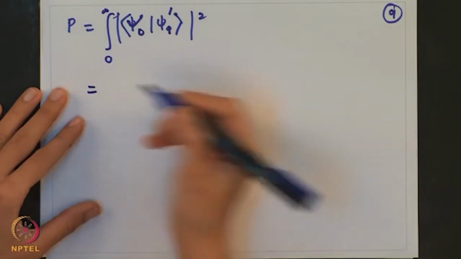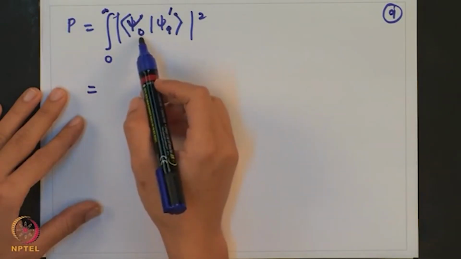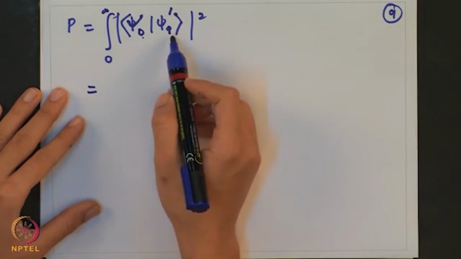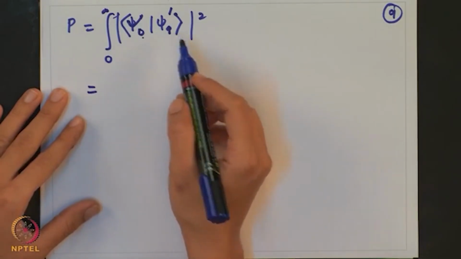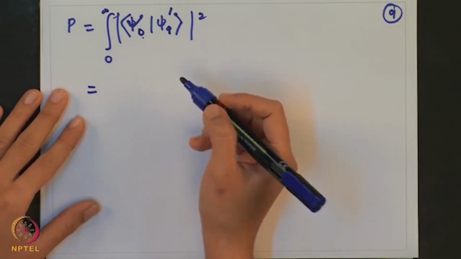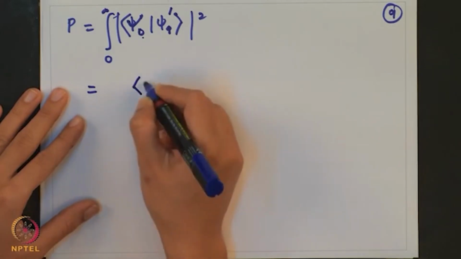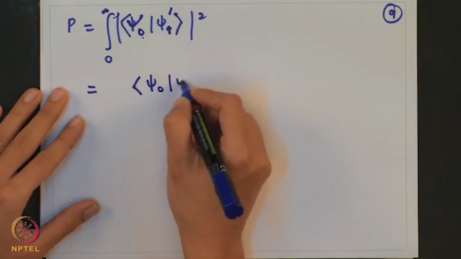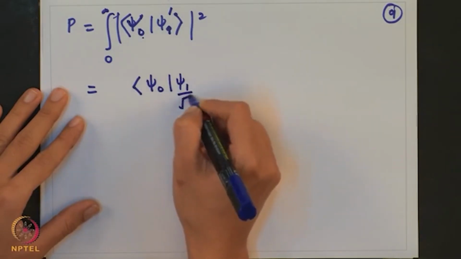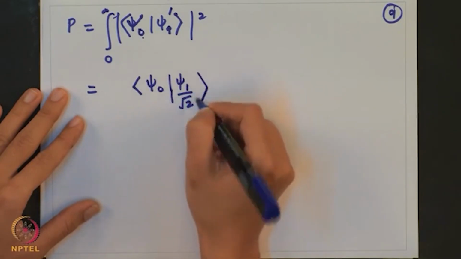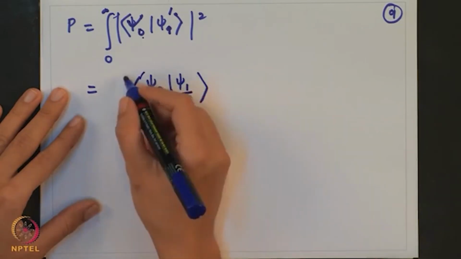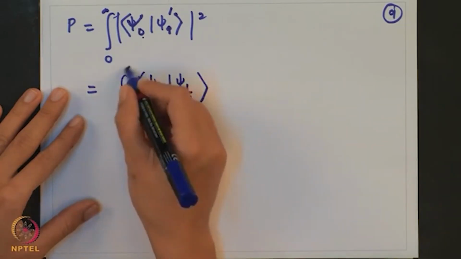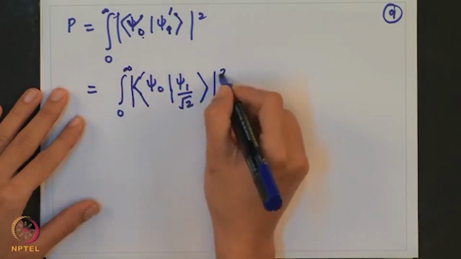Now we know what psi naught is and we know what psi 1 prime is. We are given the wave function which is normalized. So, let me first write this psi 1 prime in terms of psi. This is psi upon root 2, and we have the integral from 0 to infinity of psi square.